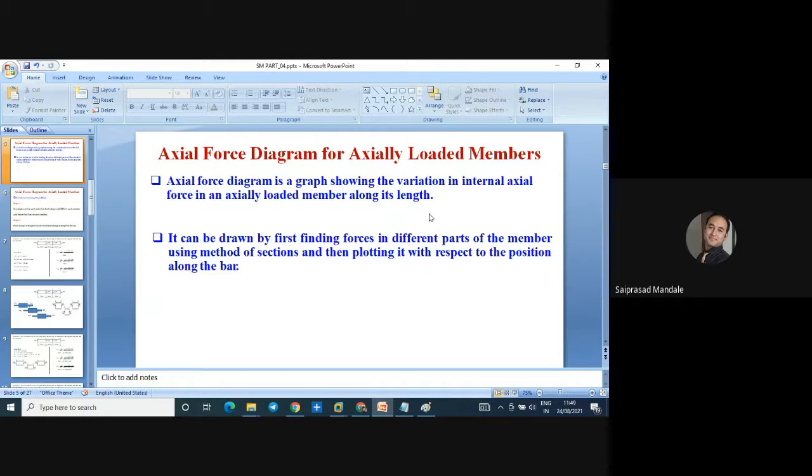It can be drawn by first finding the forces at the different parts of the member using the method of section and then plotting them with respect to the position along the bar. Whenever the body is loaded at different points, we have to separate out the body and identify the intensity of the load acting at the different points.